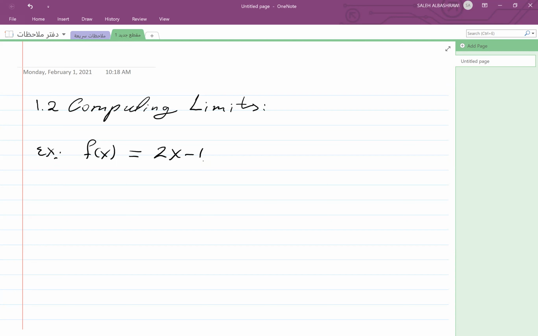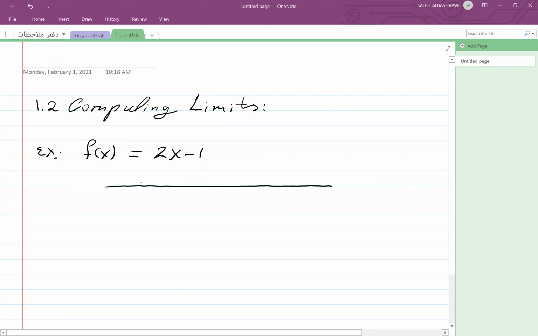If we draw a table like this, I will write x, because the independent variable of this function is x. So x is the independent variable, and we have the output, or the dependent variable, which is f of x.